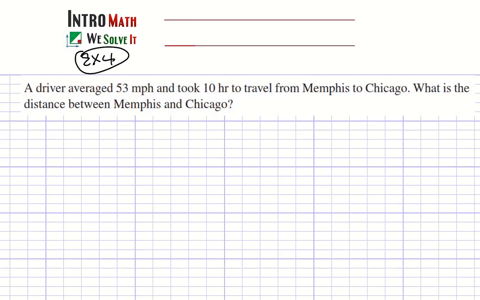And if you're driving either a bike or a car or a motorcycle, usually what they say is distance equals the rate at which you are traveling, times time, okay?